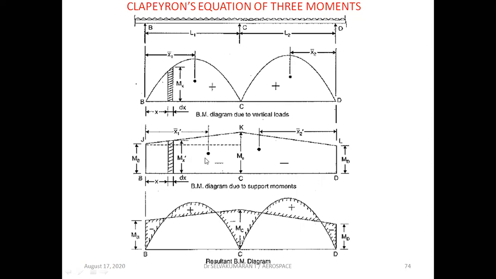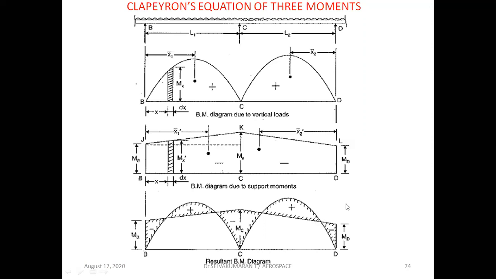Now these two bending moment diagrams are clubbed together, or superimposed. This is the bending moment diagram due to vertical loads, which I can call the Mx diagram, and this is the bending moment diagram due to support moments, which I can call the Mx dash diagram. So the entire diagram I can call the resultant bending moment diagram.